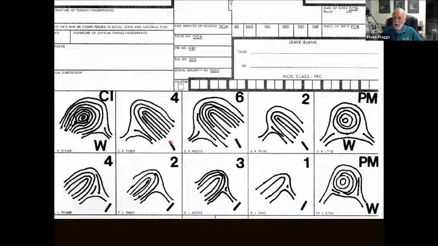So we're going to make that diagonal for those. Let's see, 6, 7, and 8. Those are ulnar loops also because they're on the left hand and they are sloping to the right. All right, so you put a diagonal. Now, if one of these was sloping the other direction, you'd put a capital R.